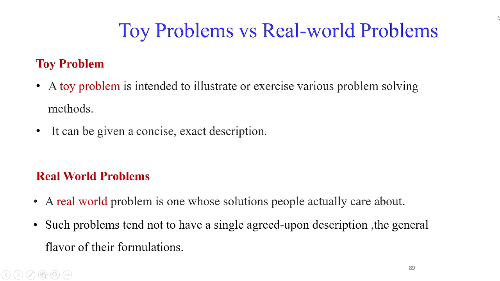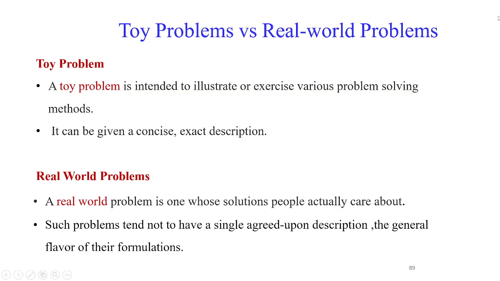To recap, we discussed what a toy problem and a real world problem are. A toy problem has one defining characteristic: it can be given a concise, exact description because everything about the problem is known. The starting state, the goal state, the possible actions, the rules, nothing is ambiguous. Everything is clear.